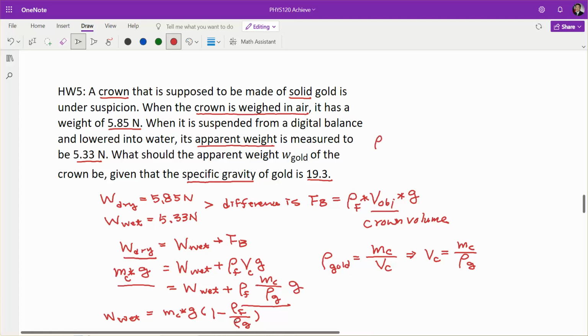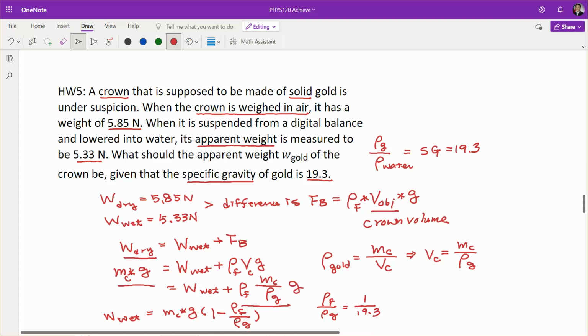So rho of gold divided by rho of water is what we call the specific gravity, which is equal to 19.3. Now if you look here, this is a reciprocal of that. So rho of the fluid divided by rho of gold is equal to 1 over 19.3. Now with that information, you will be able to solve this problem.